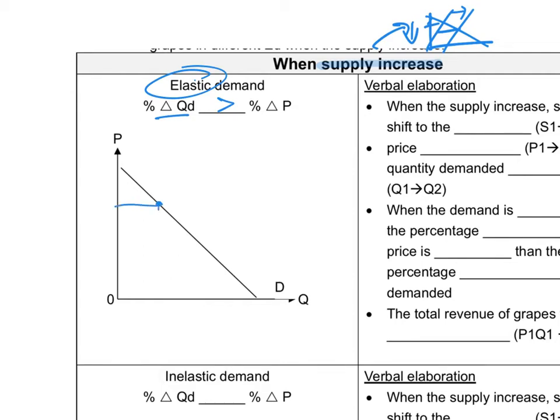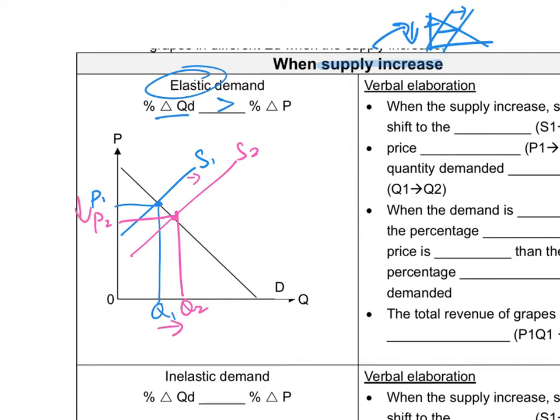Supply increase means we have a supply curve here. P1 Q1, then supply increase means it goes to the right-hand side, still on the upper part of the demand curve. Then we have a second equilibrium, P2 Q2: drop in price, increase in quantity.